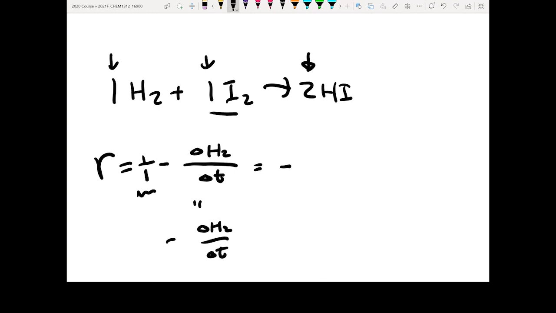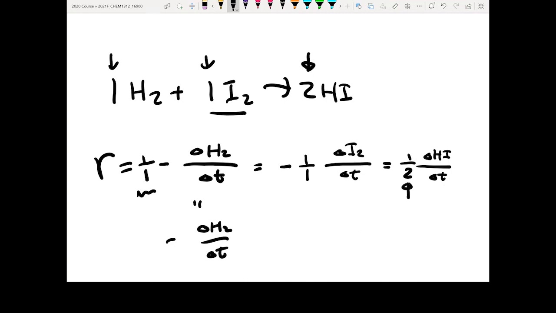You need to do the same thing for the others. So it's delta I2 over delta T, but you divide it by the coefficient 1. Then it's going to equal the formation rate of your product, which is delta HI over delta T, but you divide by the coefficient 2 here.